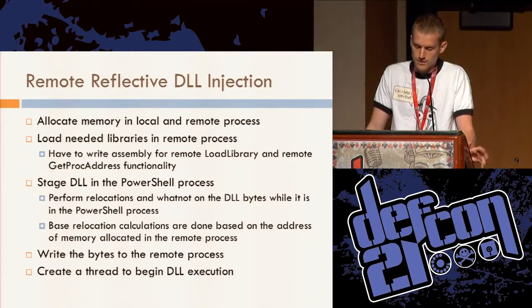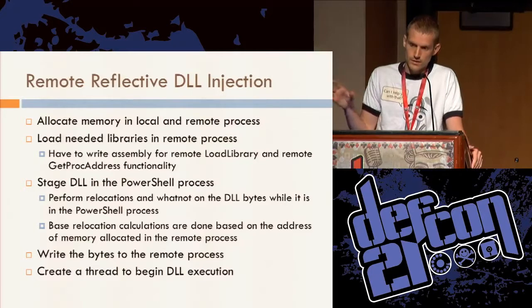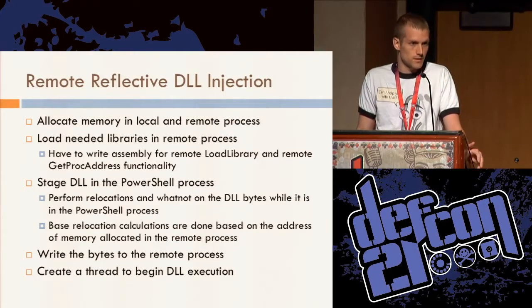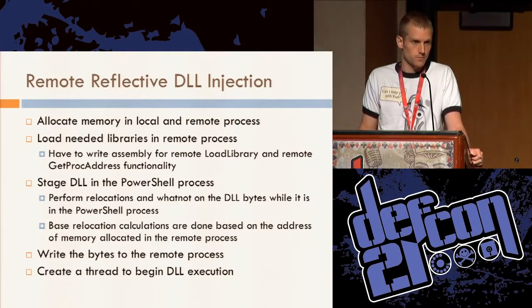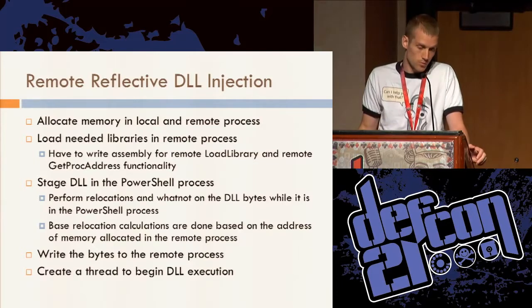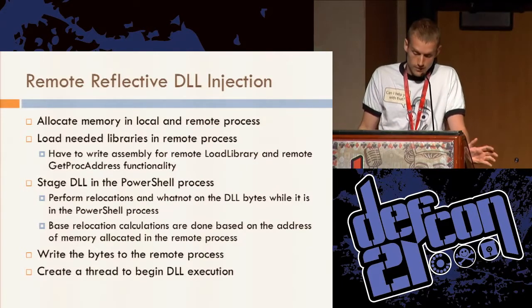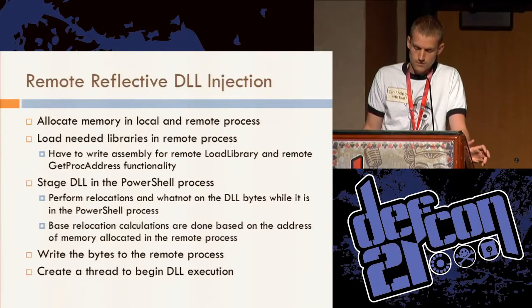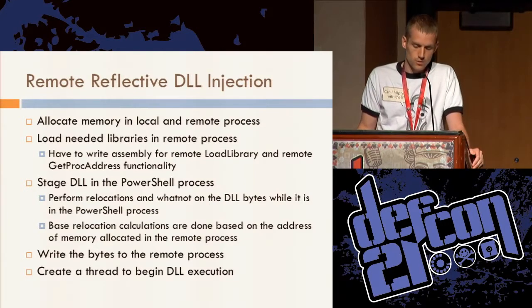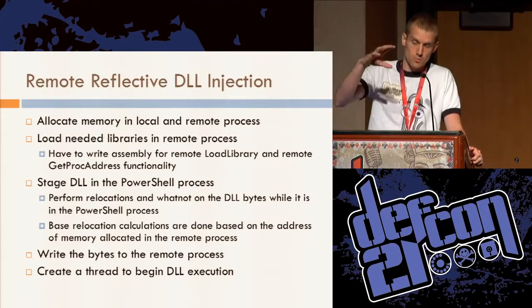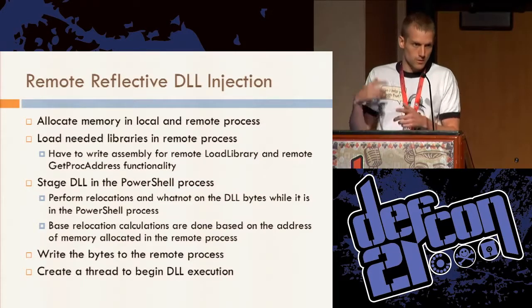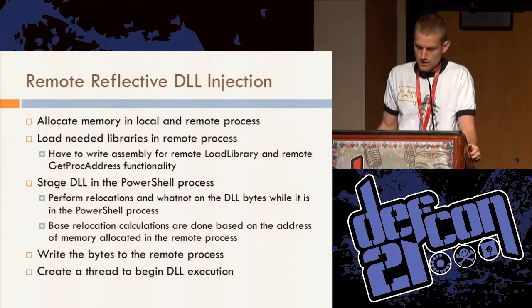And what that entails is I look and see what DLLs this DLL depends on, just like I did before, right? Except when I load those DLLs, I actually load them in the remote process, and I get the function addresses for everything in the remote process. And when you do your base relocations, similarly, you use the memory address for the memory you allocated in the remote process when you're doing your base relocation calculations.